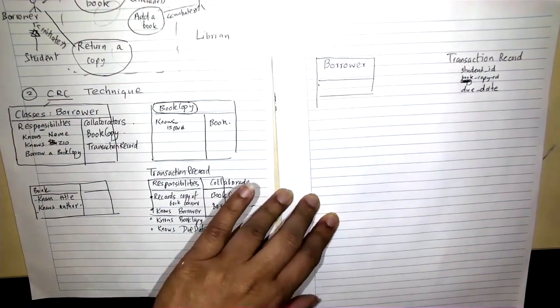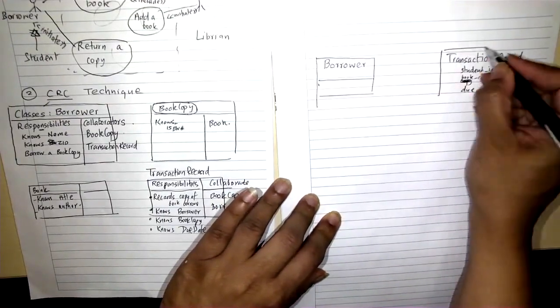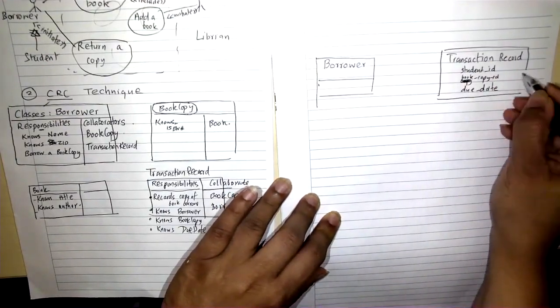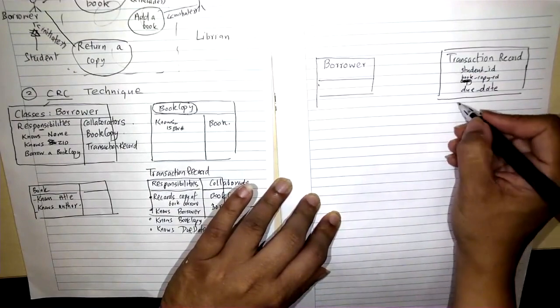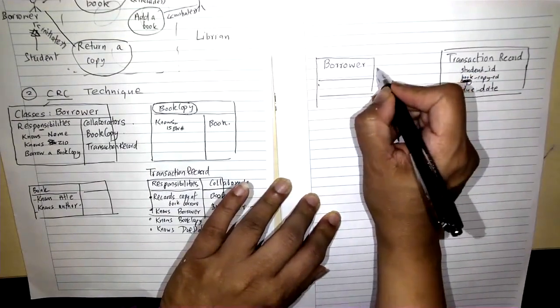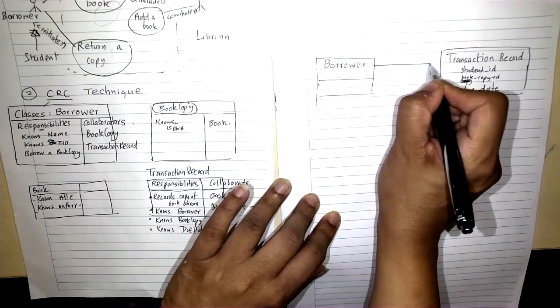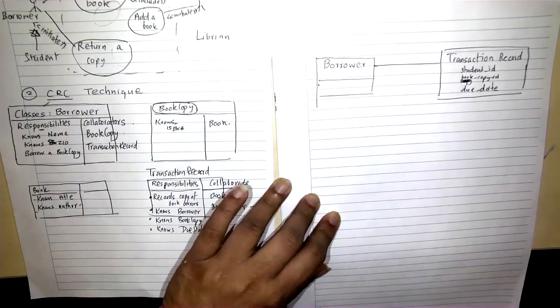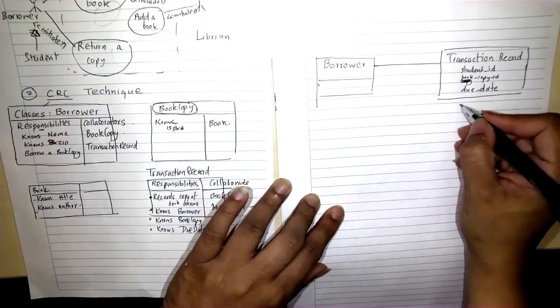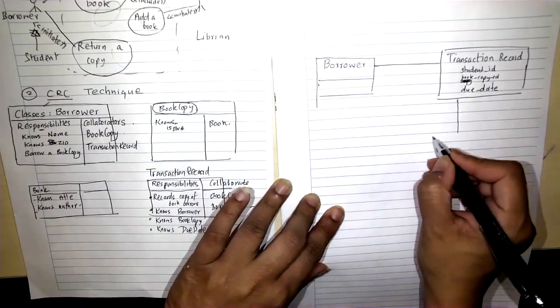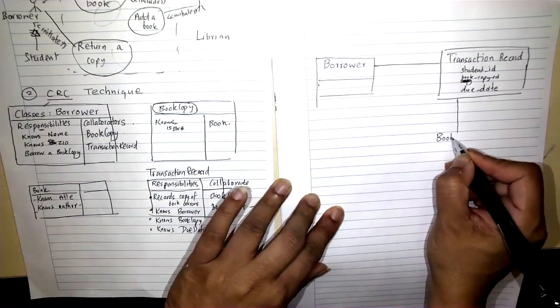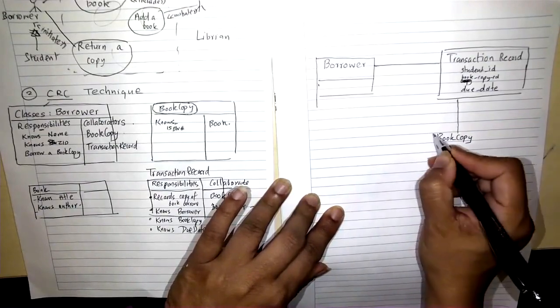All right? So the borrower is associated with the transaction record, and the transaction record is associated with a book copy.